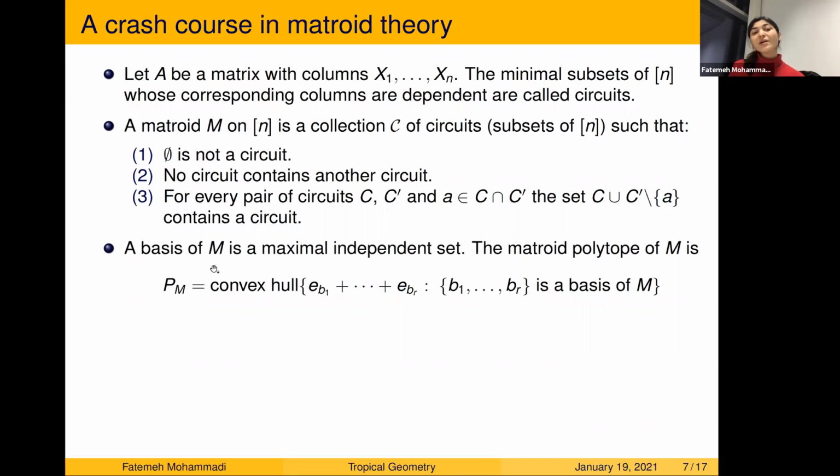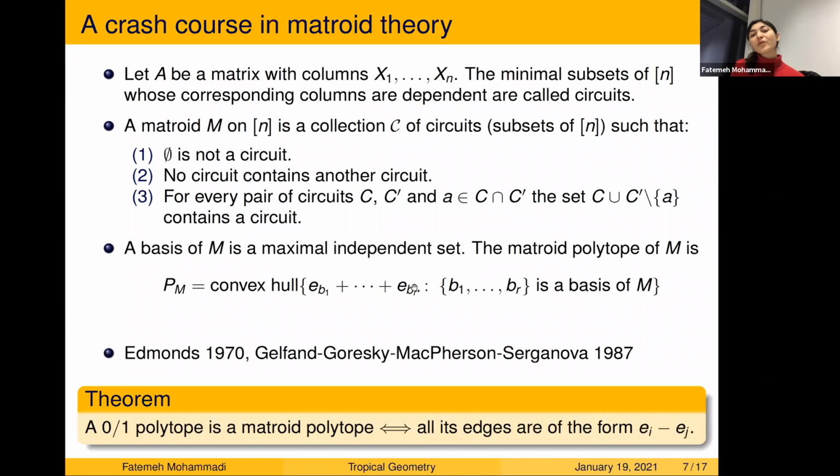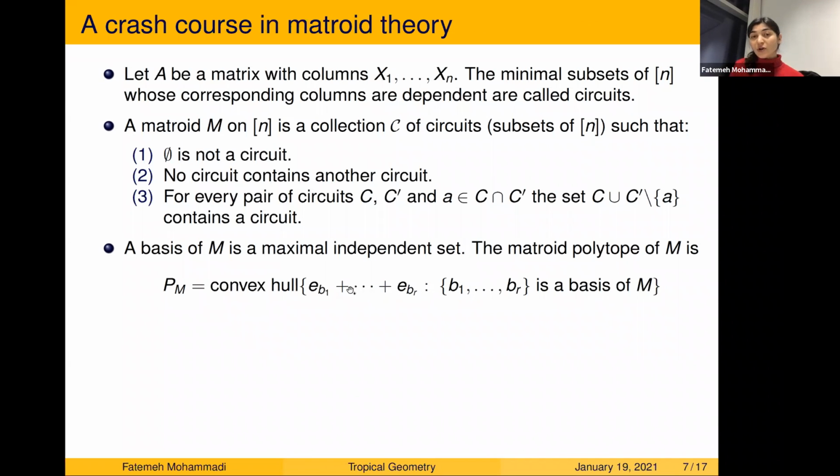For every such set, which is called a basis, you can define a 1, 0 vector. For example, if your basis is 1, 2, 3, we look at the vector 1, 1, 1, and then 0, 0, 0. For every basis you take this 1, 0 vector, and you consider the convex hull of these vectors, and what you get is called a matroid polytope, which has a lot of nice properties.